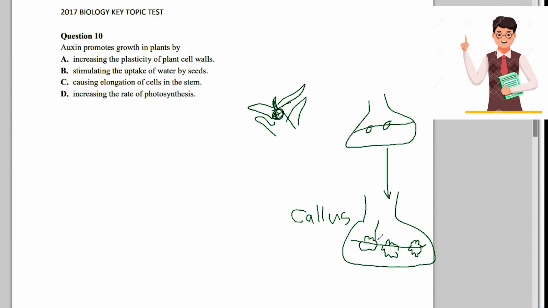Then you change the media, so they make new leaves, right? And then you change the media again, they make roots, right? And you can cut it off, cut it off, and put it into new flowers. You can make thousands and millions of small plantlets. The thing is, they are all clones of the same original plant.